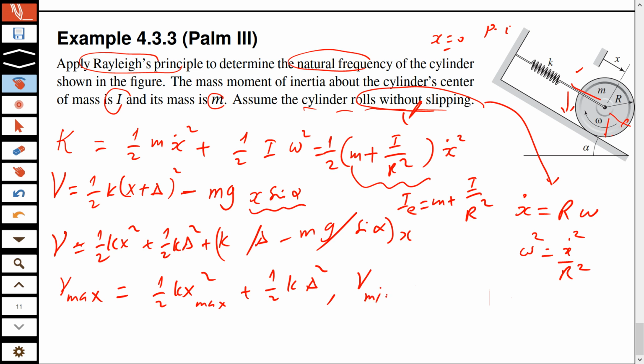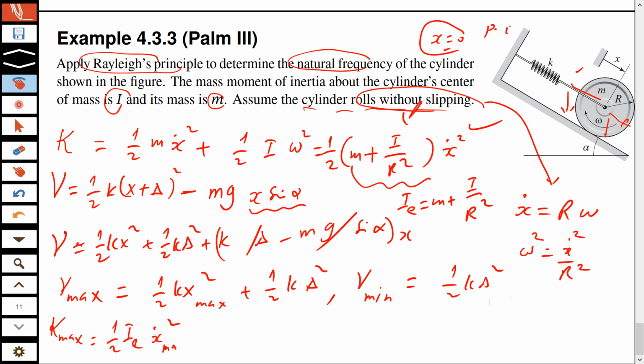What is the minimum potential energy? Again half k delta squared is unchanged, and the minimum value of x is 0, so that term is 0. And the maximum kinetic energy is of course this same expression, half IE x dot max squared.